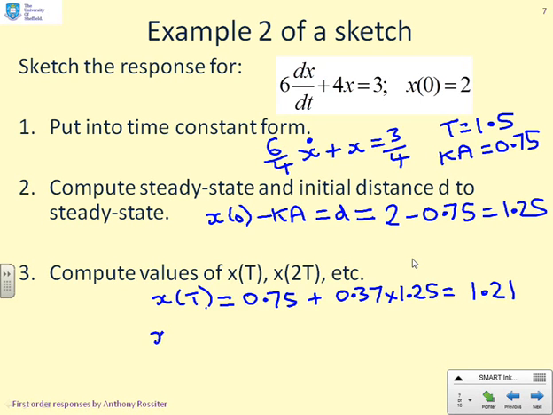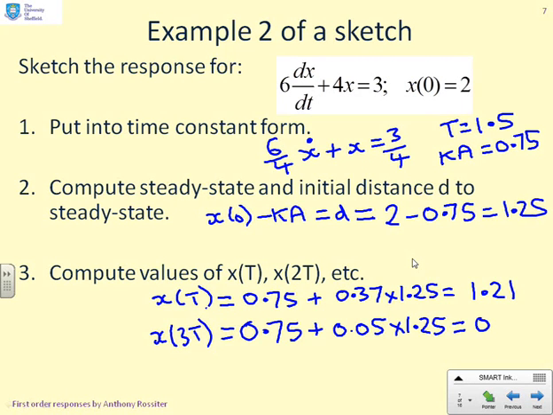Okay? And then if I do x of 3T, by all means do x of 2T as well if you want, but you may find that that's often not strictly necessary. So x of 3T, you get 0.05 times 1.25. And you can probably just about work that one out. It's going to be about 0.06.